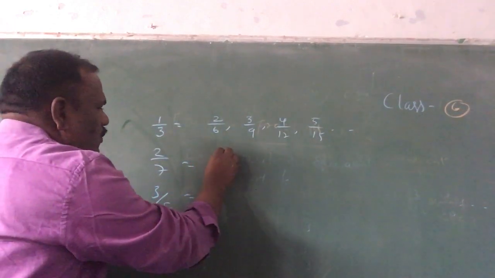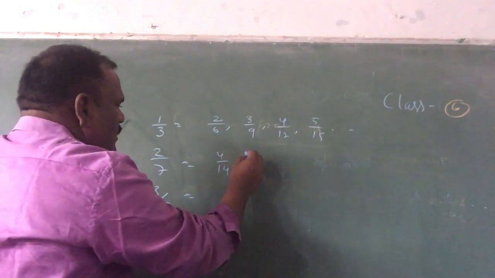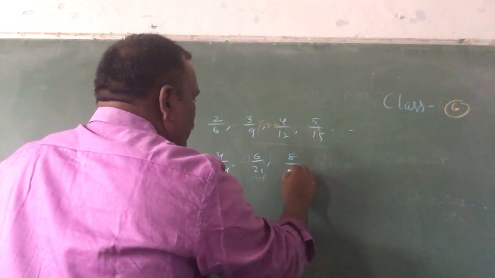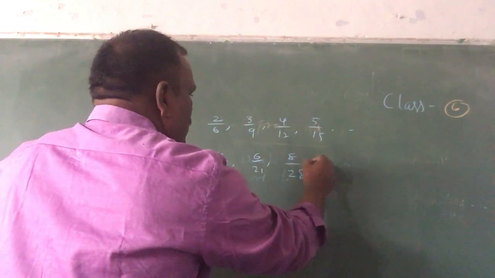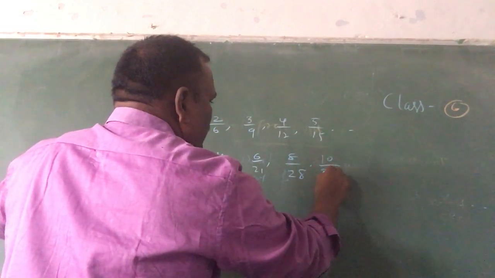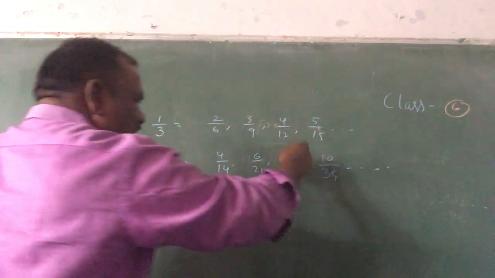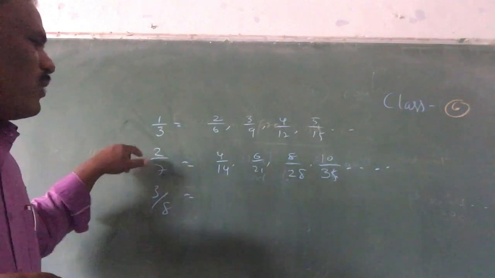Now 4 by 14, 6 by 21, 8 by 28, and next 10 by 35, etc. These are the equivalent fractions of 2 by 7.